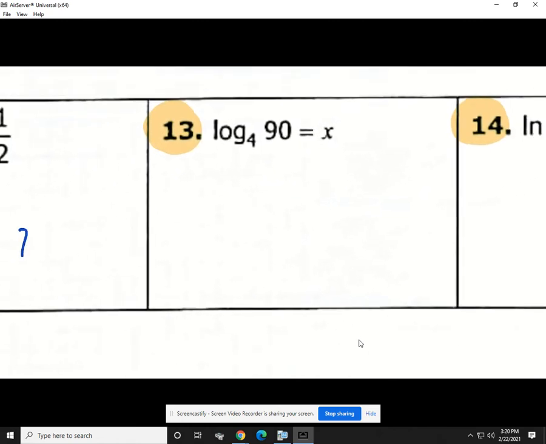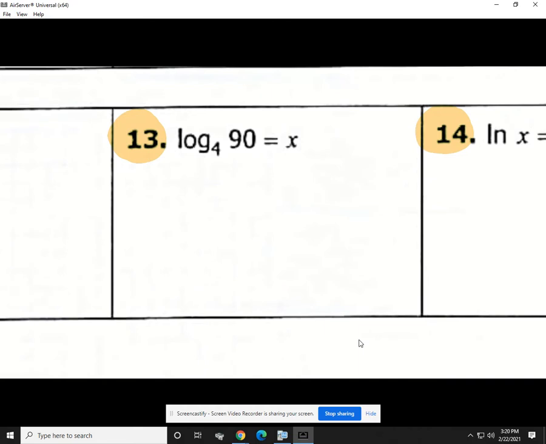So now let's look at a couple where we're rewriting a log as an exponent. Remember the rule, the base of your log, that's 4, becomes the base of your exponent, and then again you do the loop. 4 to what power? x equals what? 90. So 4 to the x equals 90.